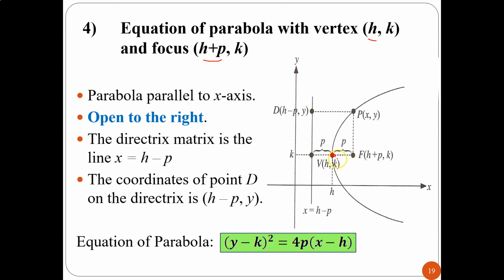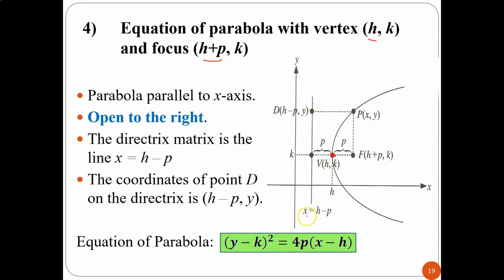Okay, so you need h plus p, and that k remain k lah, tidak berubah. Okay, and if you shifted it to the left, gerakkan dia ke kiri, so you will have h minus p, which is this one lah, h minus p. This is the directrix.